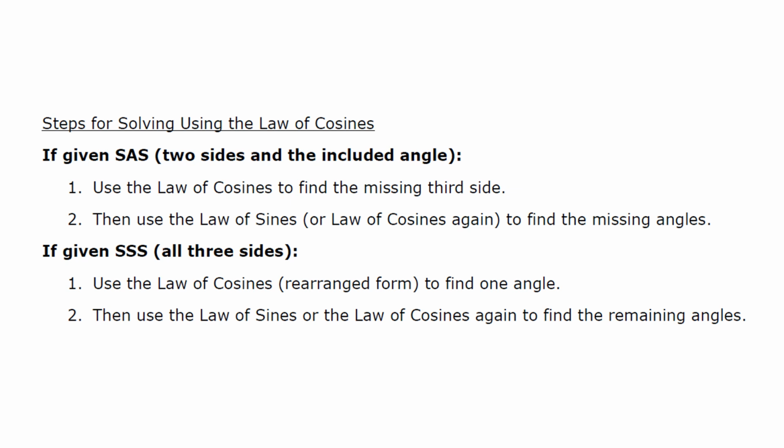If given SSS, meaning we know all three sides of our triangle, we'll use the law of cosines, more specifically the rearranged form, to find one angle. Then we'll use the law of sines or the law of cosines again to find the remaining angles. All right, so let's do some examples together.